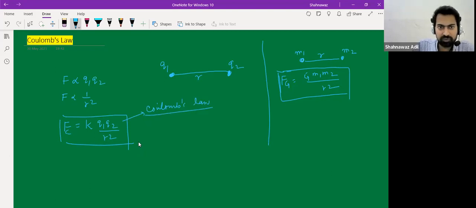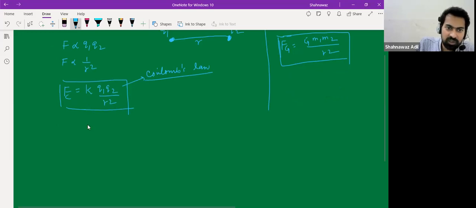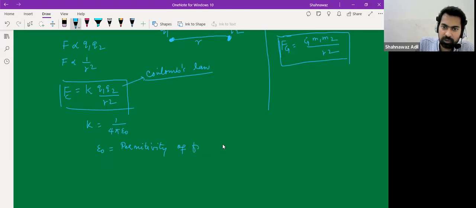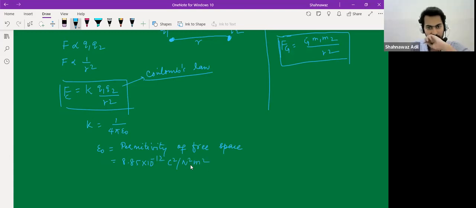This K is 1 by 4 pi epsilon naught, where epsilon naught is the permittivity of free space, with a value of 8.85 times 10 to the power minus 12 C square per Newton square meter.